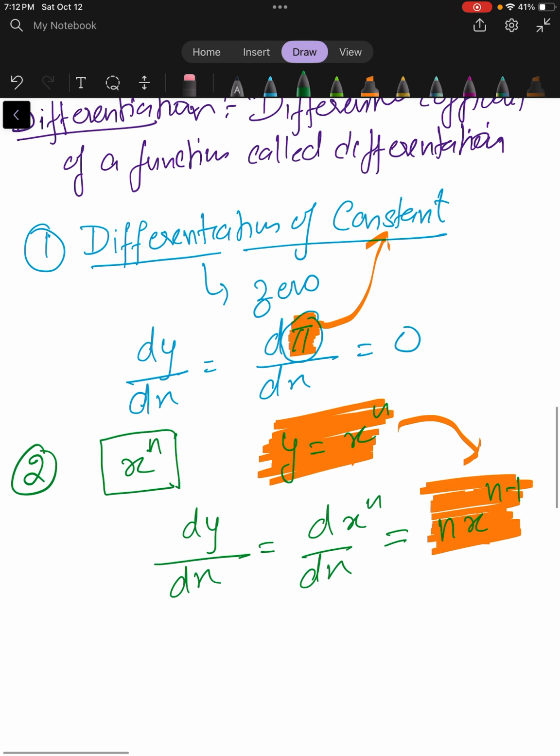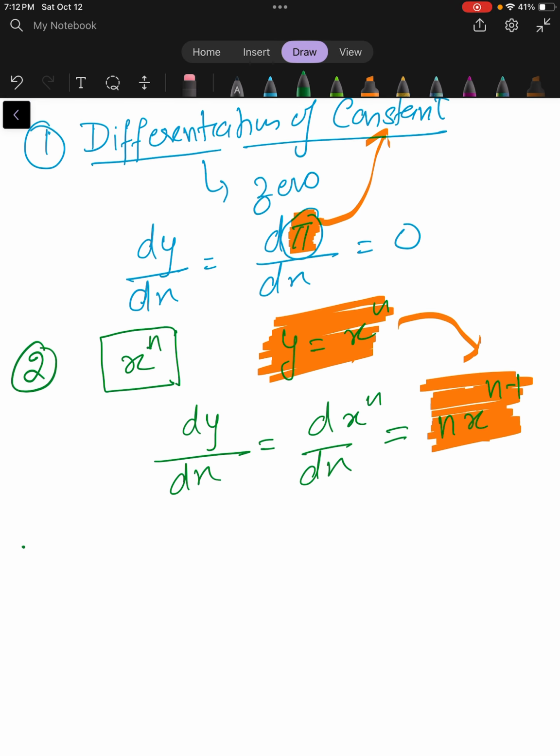So the third formula that we are going to discuss is the differentiation of an algebraic sum of two functions. Like I have a function y is equal to u plus or minus v plus or minus w.